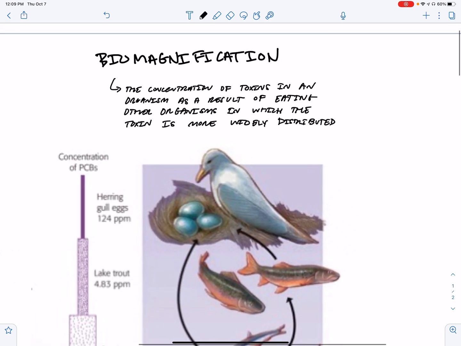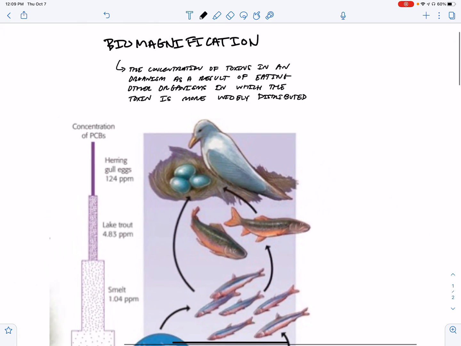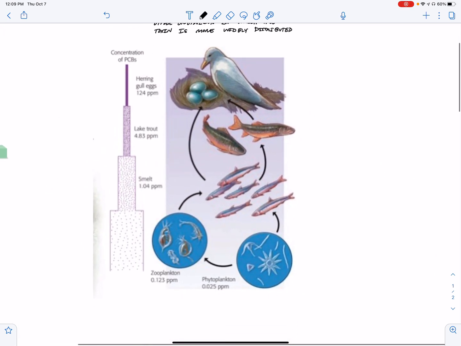So what does that actually mean? I'll give you an example. Okay, PCBs. These are components of electronics that were common until about, I think it was 1977. They were banned from use in electrical equipment.